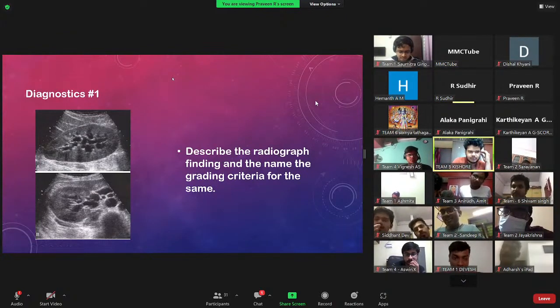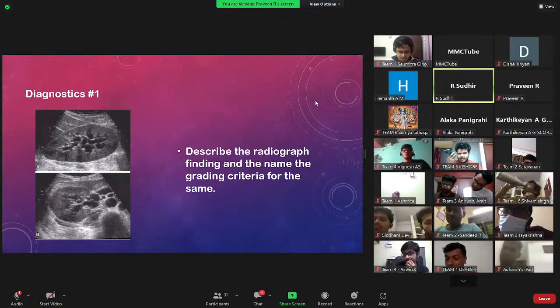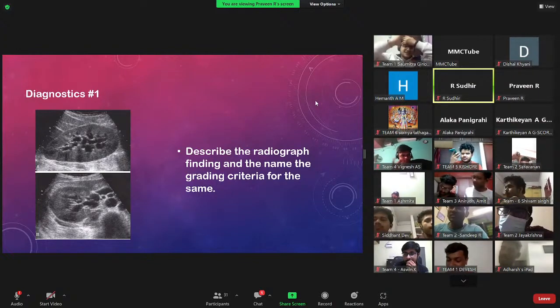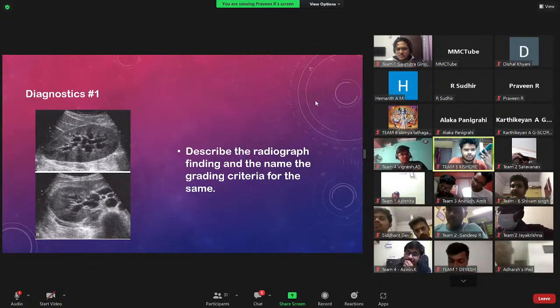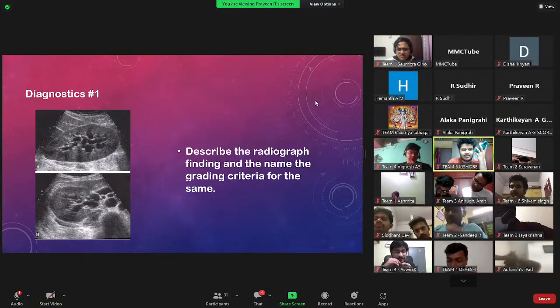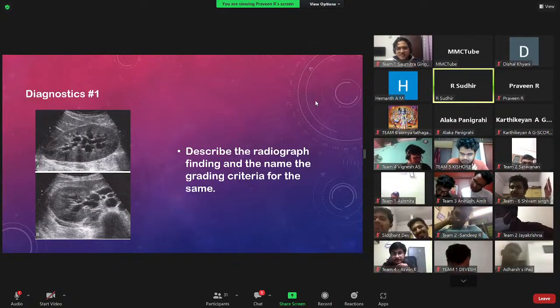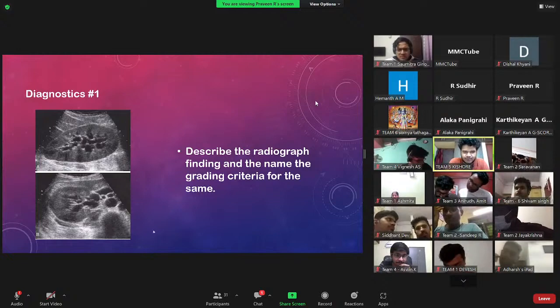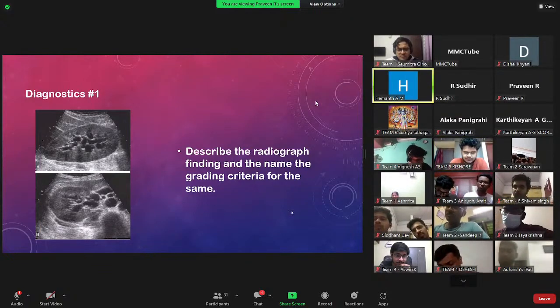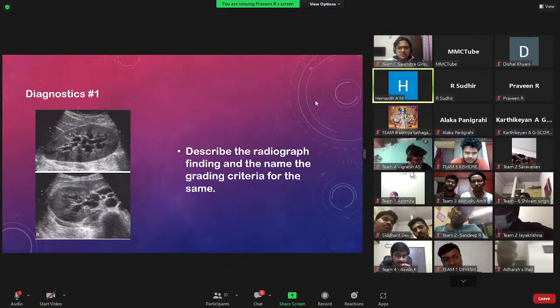Team 2 has points. Hello, can I answer? Yeah, there are multiple cysts, so probably it's autosomal dominant polycystic kidney disease, and for that, the Pei-Ravine criteria, or you can just consider it as a cyst and go for Bosniak classification. No, you're wrong. Actually, not ADPKD.